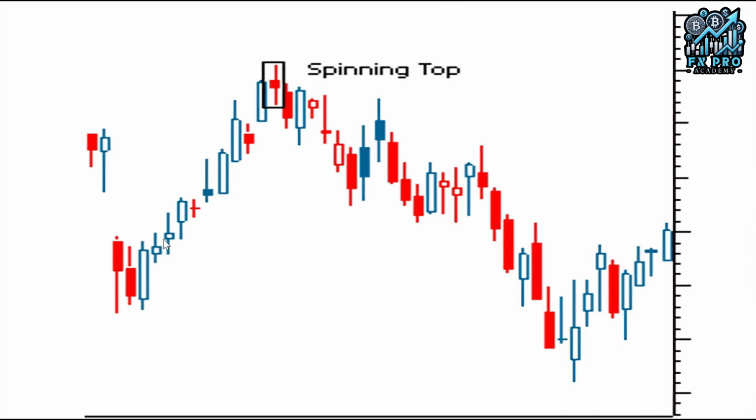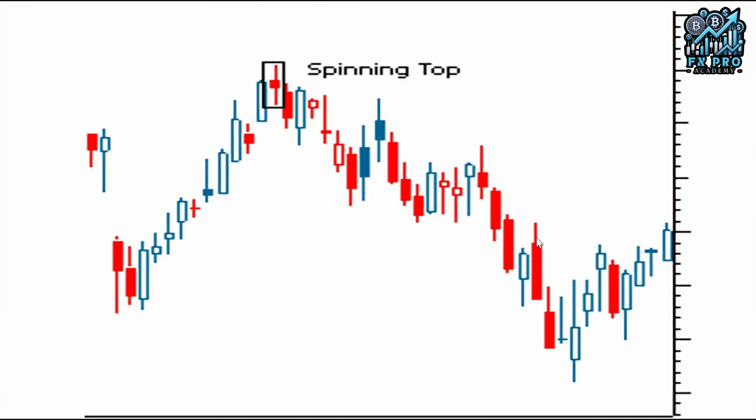In these cases, it's best to avoid making decisions based on a spinning top candlestick. Avoid buying or selling because it reflects indecision. We won't know whether the price will drop or rise. After a period of hesitation, the price tends to rise. As you can see, it goes up. But here, there's hesitation again. And after that hesitation, the price drops.